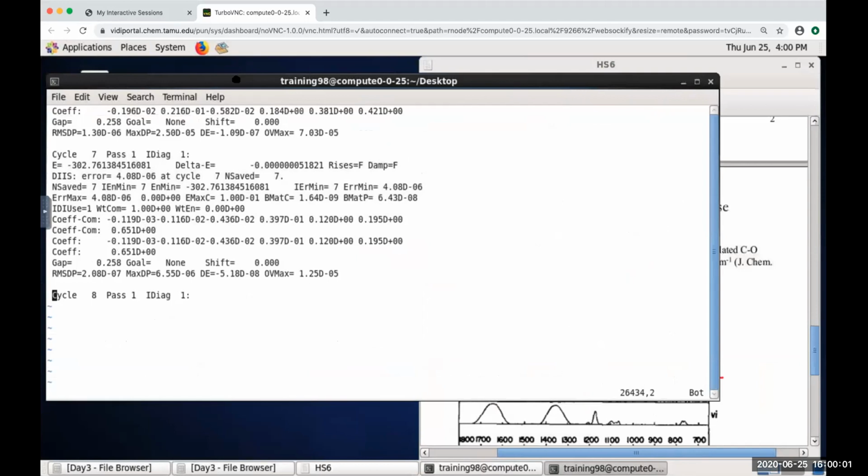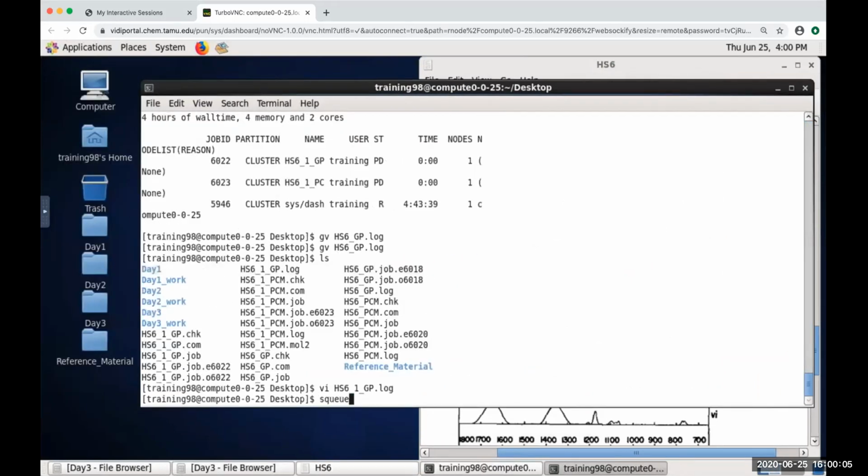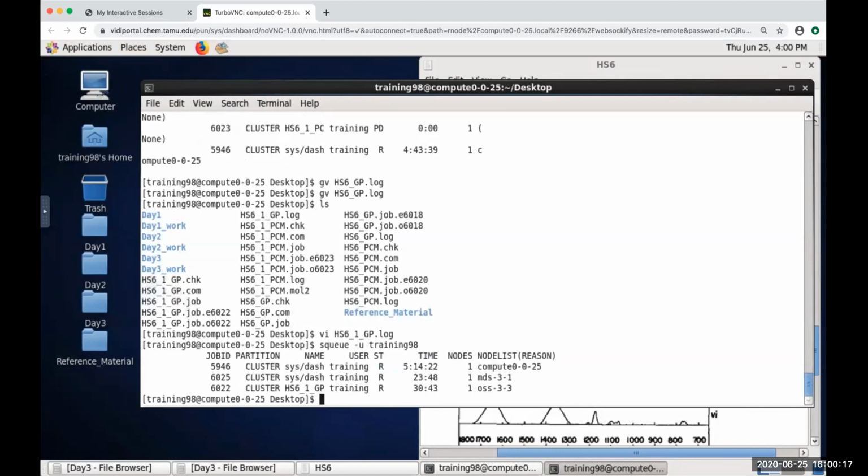Did it fail or is it still just running? I don't see an error termination. Yeah, no, mine's still just running. You want to check to see if yours is still running or do you have an error termination?